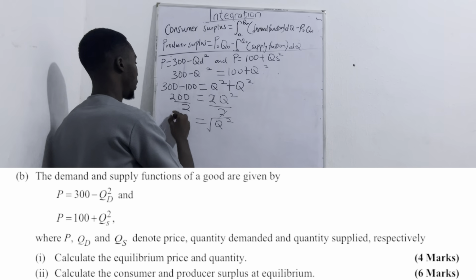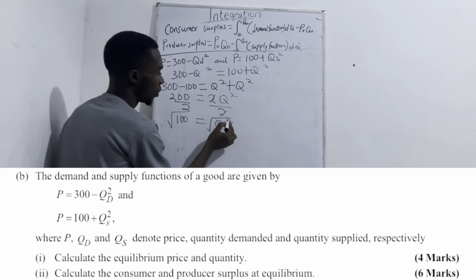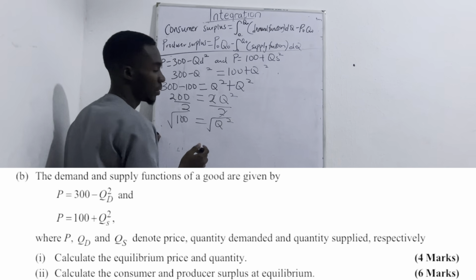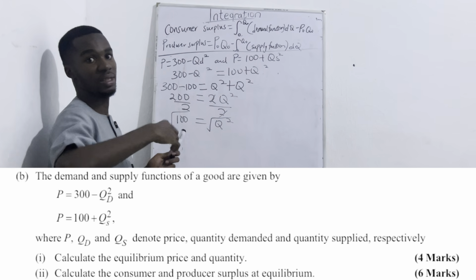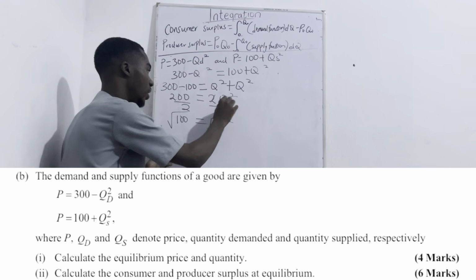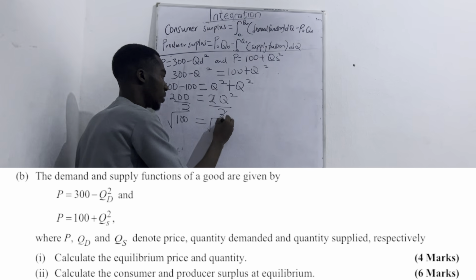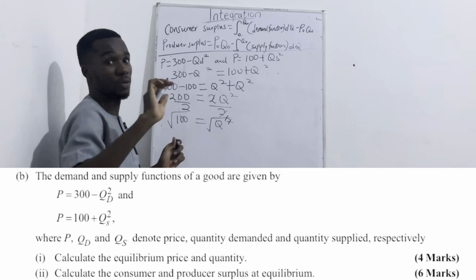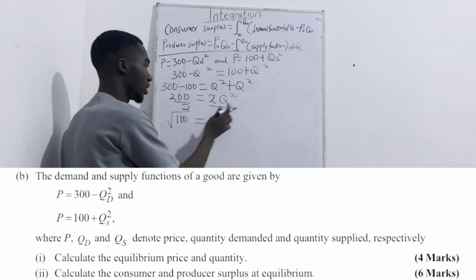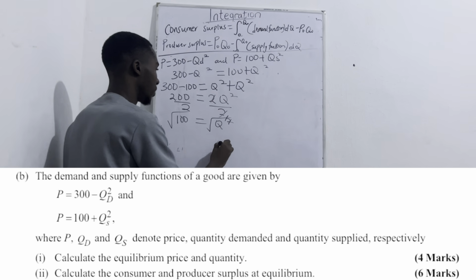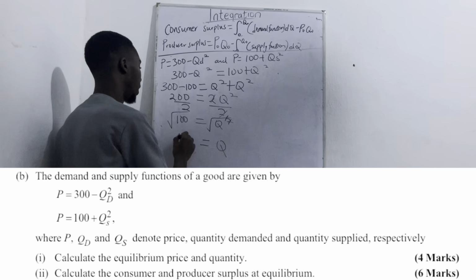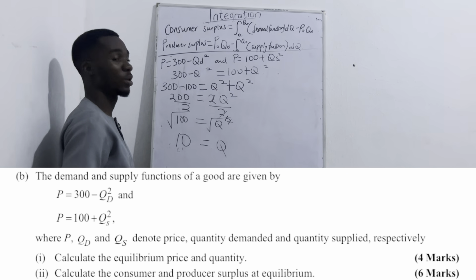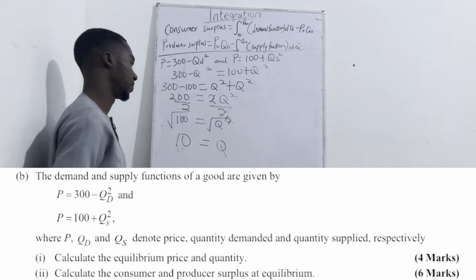Anytime you have a square and you want to get rid of it, just take the root. Once you take the root of a square, it becomes only the variable, it cancels the square. So Q is equal to root 100. Root 100 is 10. So our equilibrium quantity is 10, right?